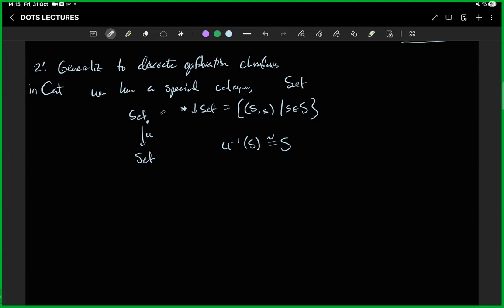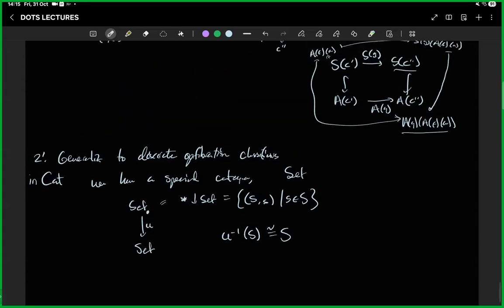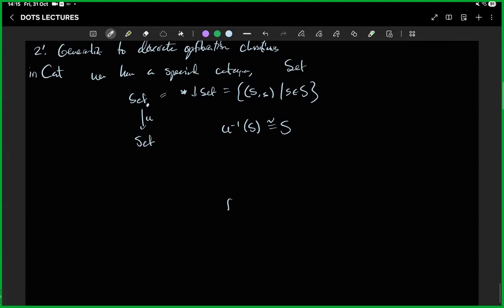Okay. So now there's also another fun fact that we can use about this, which is that if I have a function from S to S prime, and I have an element of S, which I can think of as living over it, we've actually covered something similar before, but I'm going to do this anyway.